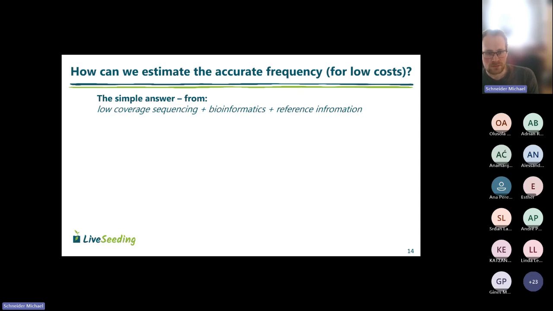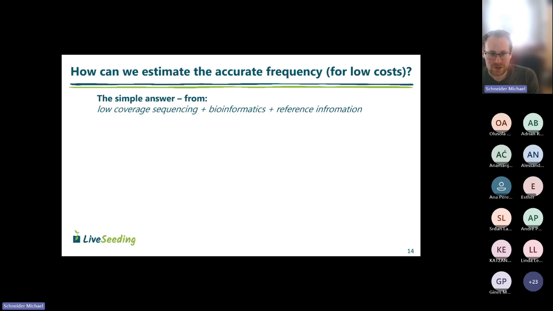You can probably imagine that it's quite difficult to correctly estimate the allele frequency from just 5 reads. The resolution is pretty bad when you say, okay, 1 out of 5, then you have 20%, and you cannot be very sure that this is true.